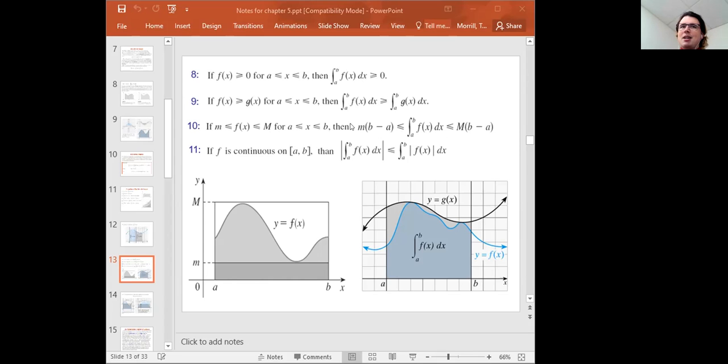What area is this? This area is the area of the rectangle underneath my function, using lowercase m as the height, b minus a as the width, and then over here I've got the larger rectangle, which has to be more area.